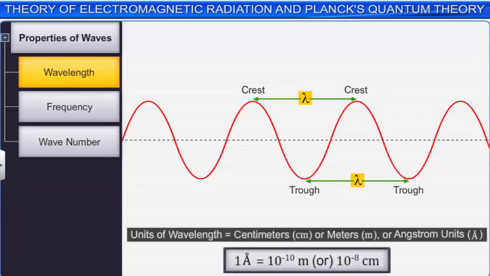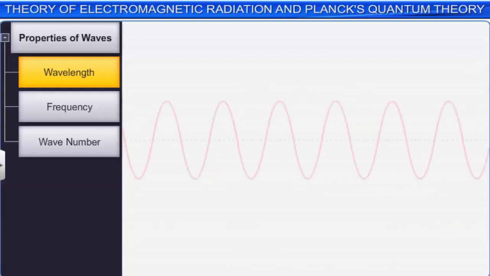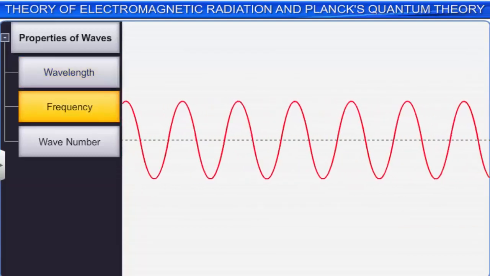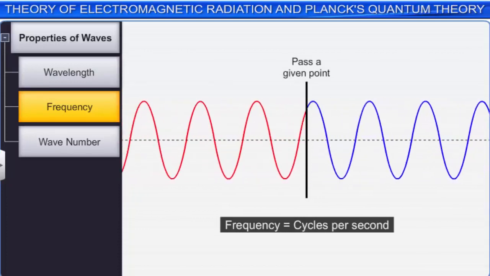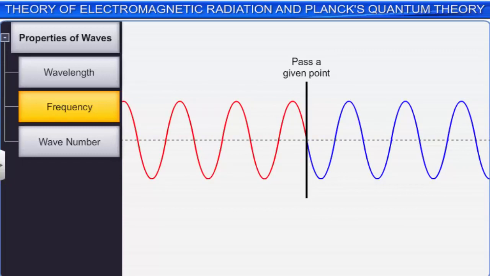It is expressed in either centimeters or meters or in angstrom units. The next characteristic of a wave is the frequency. Frequency is the number of waves that pass a given point in 1 second. It is denoted by the symbol nu and is expressed in hertz.